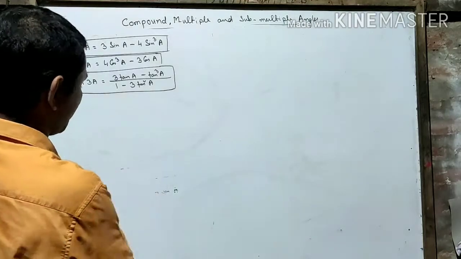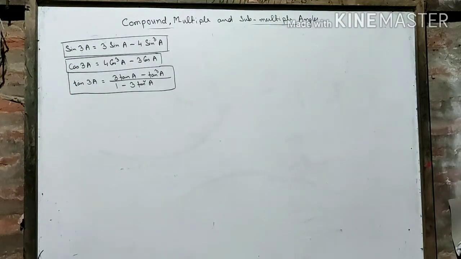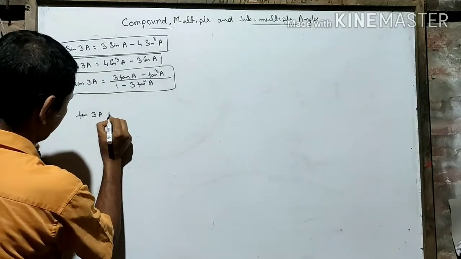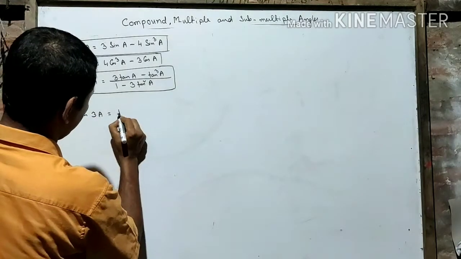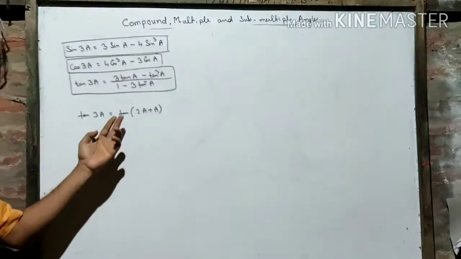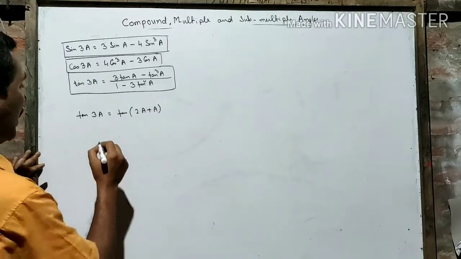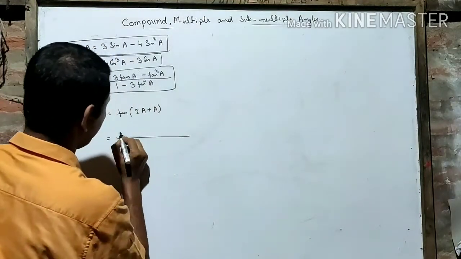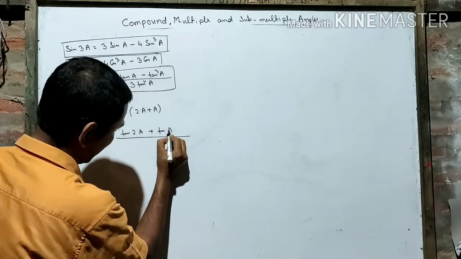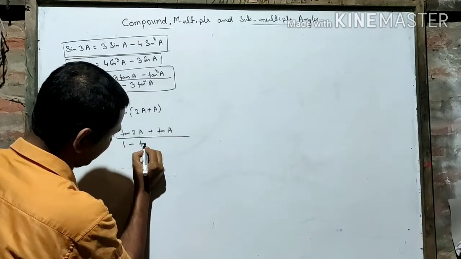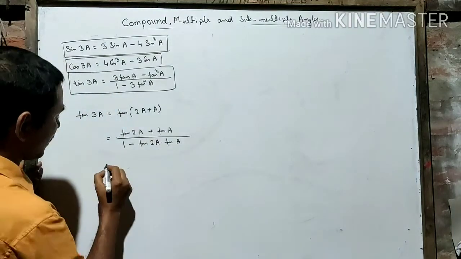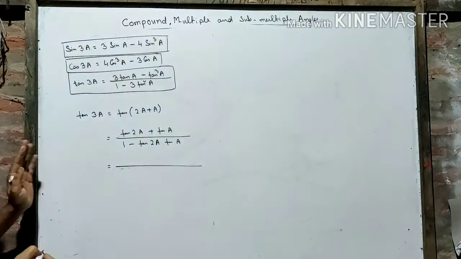To prove tan thrice A formula, let me show you tan thrice A. Just like the previous ones, tan thrice A can be written as tan twice A plus A. Now it is of the form tan A plus B. And what is the formula for tan A plus B? Tan A plus tan B divided by 1 minus tan A into tan B. Now, what is the formula for tan twice A?